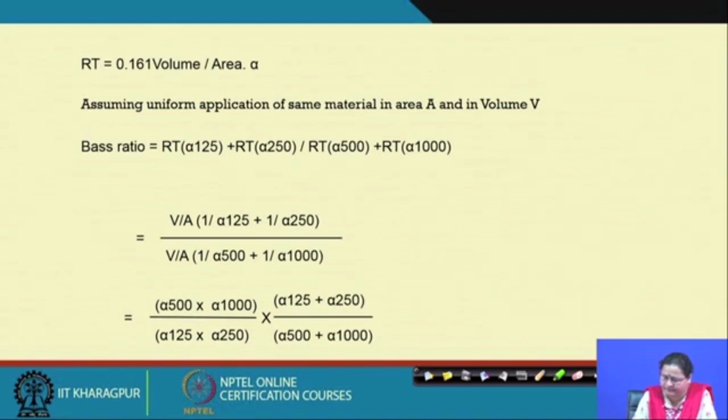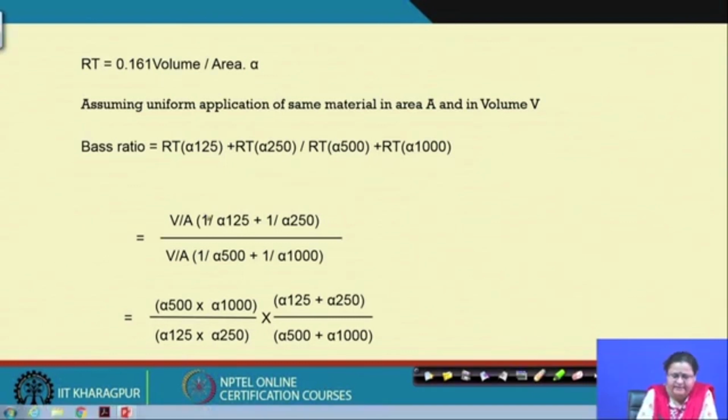So, here you can see that V by A into 1 by the alpha values are here in all the cases, which when simplified you can get the bass ratio in terms of alpha 125 plus the absorption coefficient in frequency 125 plus the absorption coefficient in frequency 250 divided by alpha 500 and plus alpha at 1000 hertz, and it is multiplied with this factor, which is the reciprocal of the product of the two alpha values.